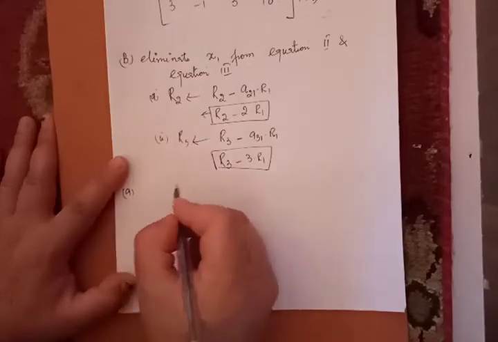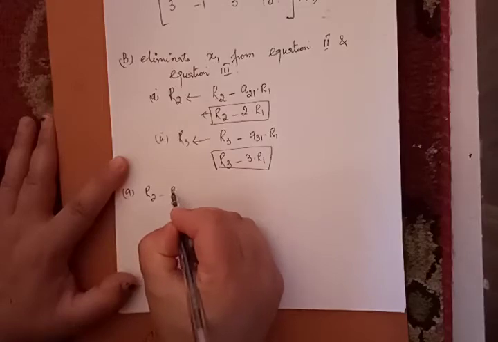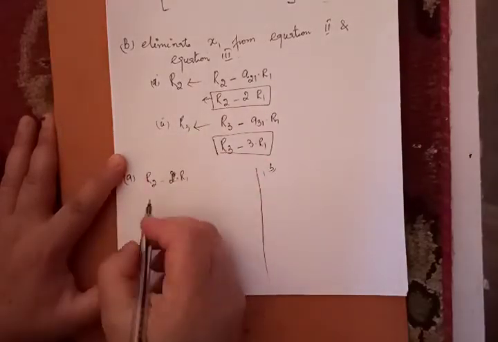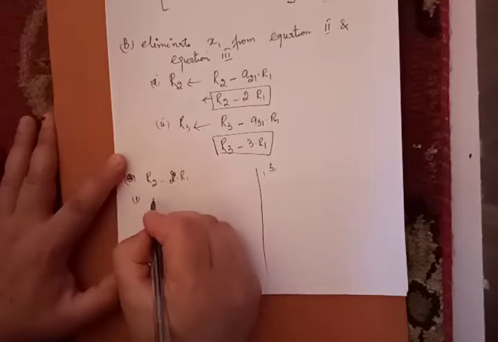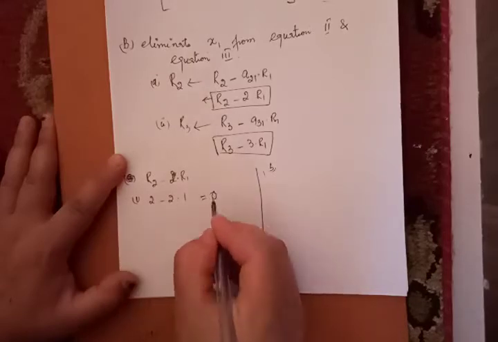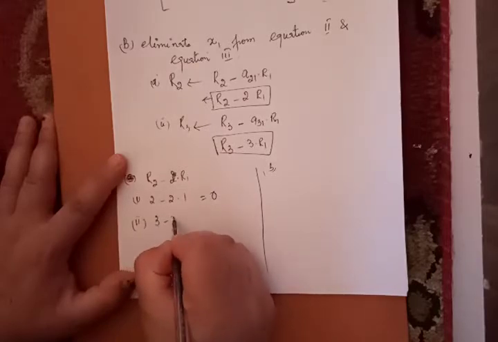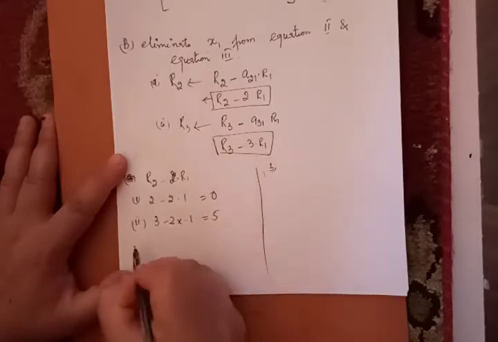So first one, firstly we will apply transformations on row second. So the first element is 2 minus 2 times 1. 2 into 2 is 2, so this is equal to 0. Second element, 3 minus 2 times minus 1, which is equal to 3 plus 2 is 5.